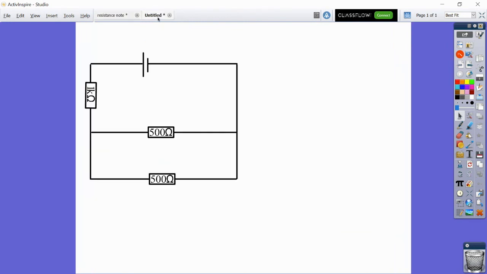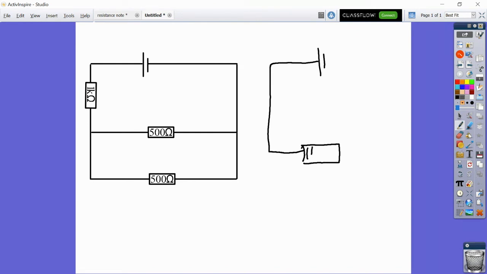If you want to redraw this circuit to one you're maybe more familiar with, again, excuse the messy diagrams, I could have the bend. Remember, this is just wire, so it doesn't matter where I put the resistor in this wire. So I could have the bend first and then the 1 kilo ohm resistor.